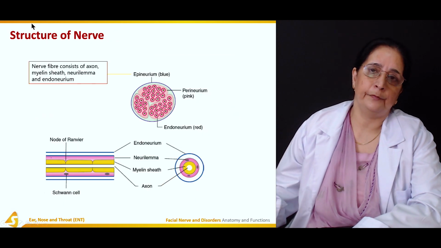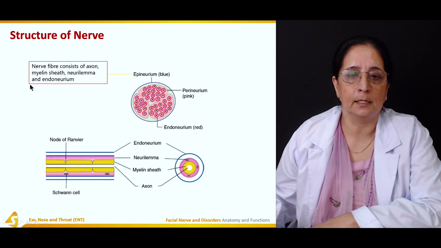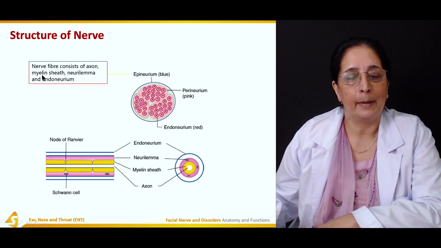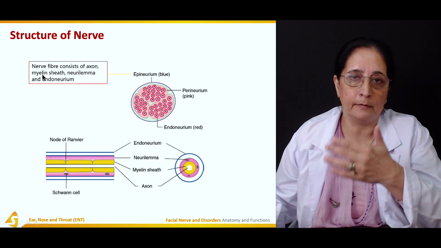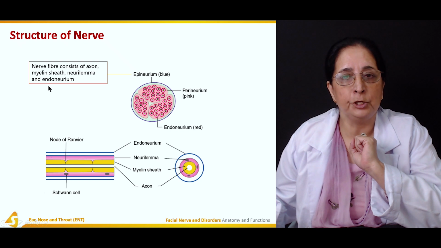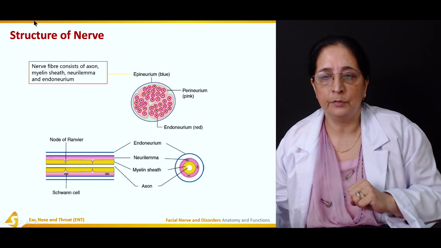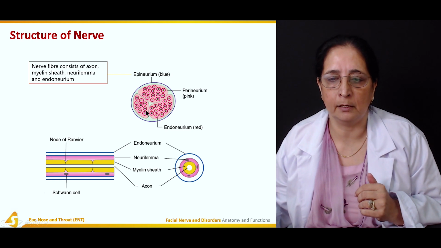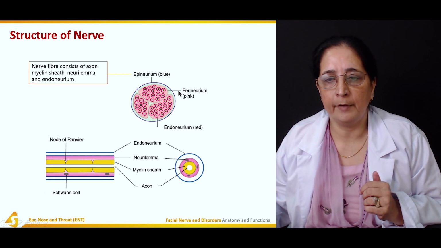Next, the structure of the nerve. The nerve fiber consists of axon, the myelin sheath that covers the axon, and then we have neurolemma and endoneurium. If you see, this is the cross section. This is the nerve. We have perineurium. This pink one is peri.